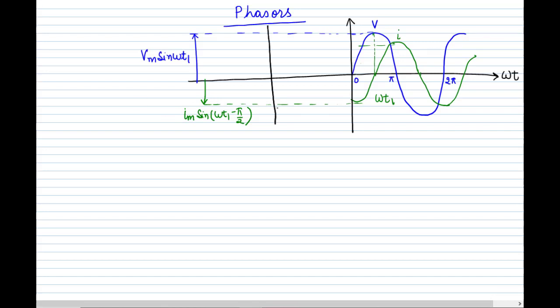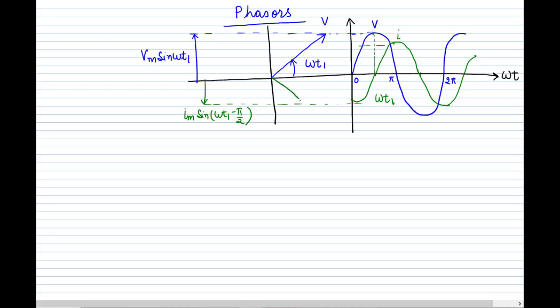Now if you draw the rotating vectors, then for the voltage, this is V at any time omega t1. This is omega t1. Then I is behind by pi by 2, so the angle between V and I should be pi by 2. That means 90 degrees.